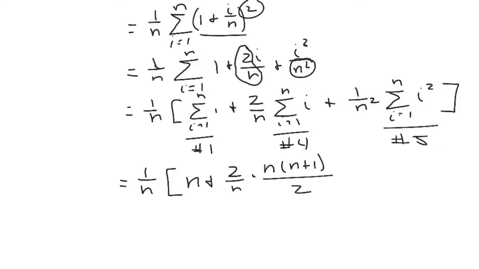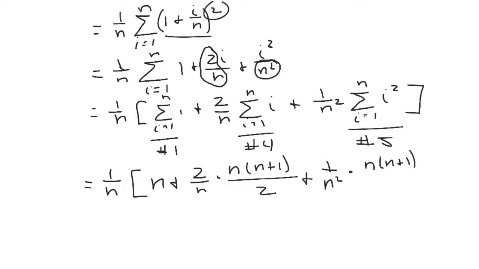And then this one is 1 over n squared times n plus 1 times 2n plus 1 over 6. And then I finish my bracket.